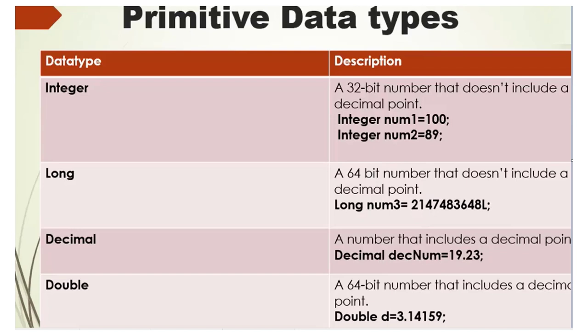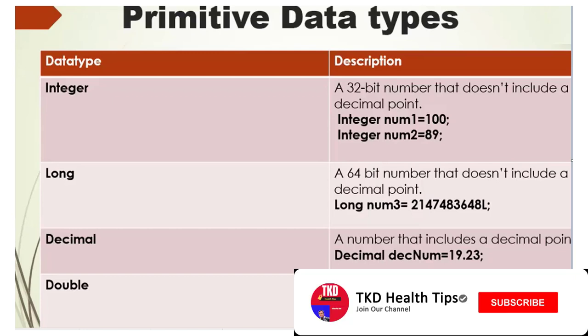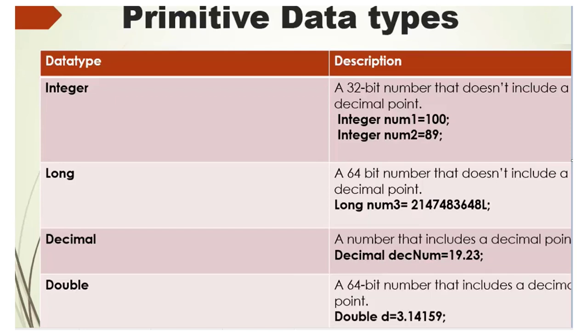Now, the first thing we are going to talk about is the primitive data types. What are the different primitive data types which are available in Apex and how can we use them? The first primitive data type is integer, which is a 32-bit number that doesn't include a decimal point.